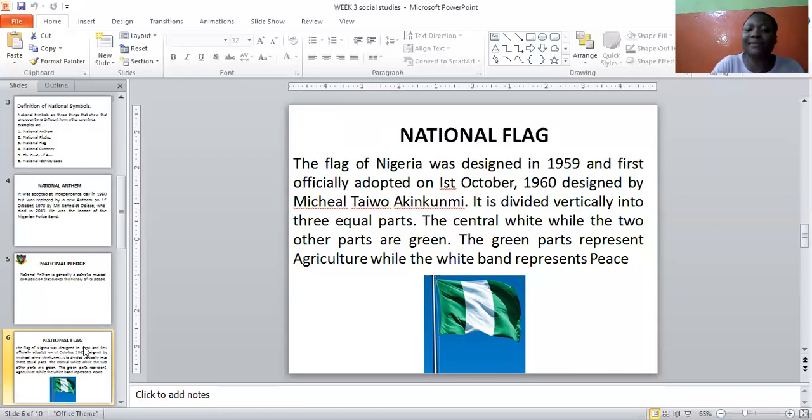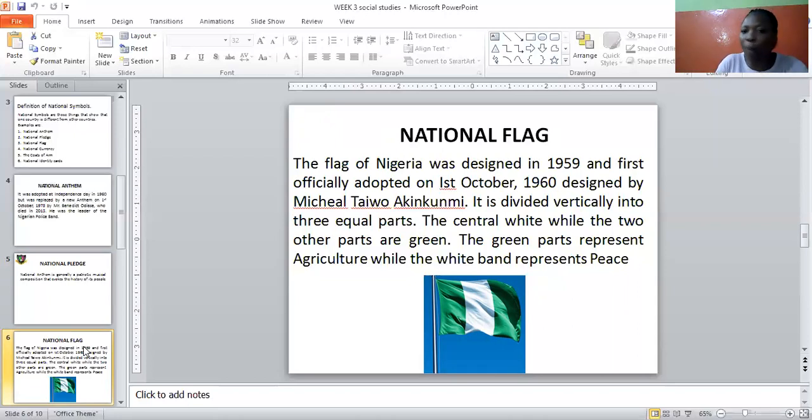The green part represents agriculture. The major occupation of Nigeria is farming. So the green part represents agriculture, while the white band represents peace. When you are going to battle, or you want to go and fight with someone, and you are wearing white, the person will embrace you because they know that you have come for peace resolution.